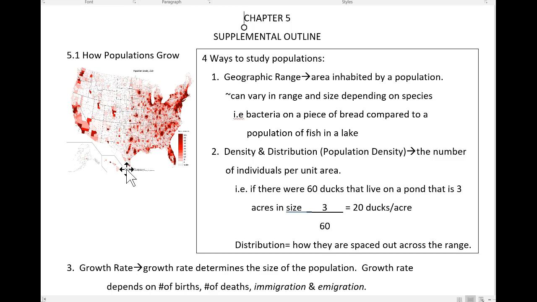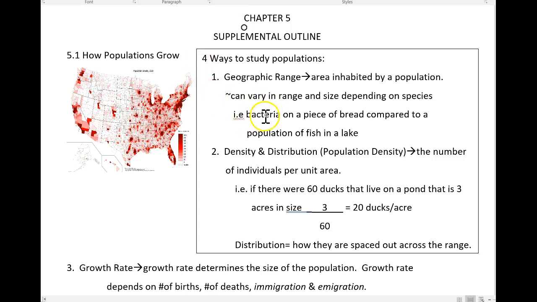Then we look at density and distribution, and that's what this map is. This map is actually a density and distribution map, and it shows population density. There's more people that live per square mile in the darker areas, as I had stated earlier, and that's how we calculate. We look at the number of individuals per whatever the unit area is.